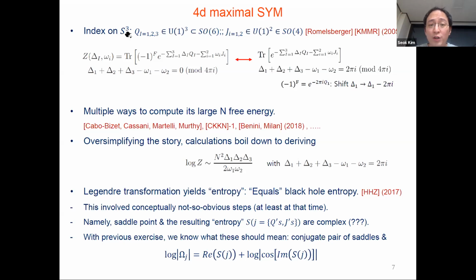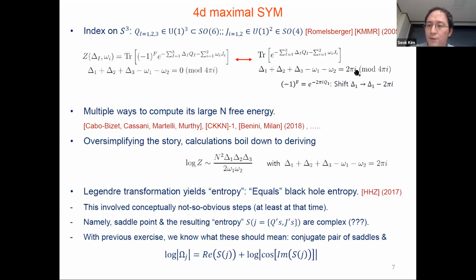So if you evaluate any of these 5 charges, they are half integral for fermions and integral for bosons. So if you have any of these 5 spin quantum numbers, minus 1 to the F can be written this way. So minus 1 to the F can be absorbed by certain 2 pi i shifts of any of these 5 chemical potentials. So you apparently get rid of this minus 1 to the F, but the effect of this minus 1 to the F is reflected by this shifted relation of the chemical potentials.